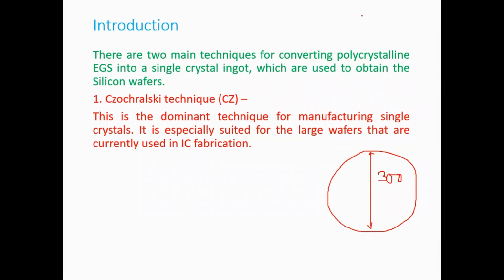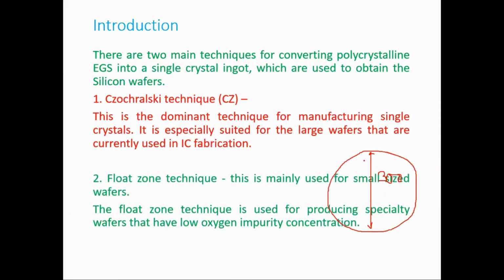A rod-like structure called an ingot is generated and then cut into small pieces called wafers. This is done in the Czochralski technique, where a crystal is grown in the form of an ingot. The second is the float zone technique. It is not possible that we always grow big crystals; sometimes we need a small crystal, which can be done using the float zone technique.